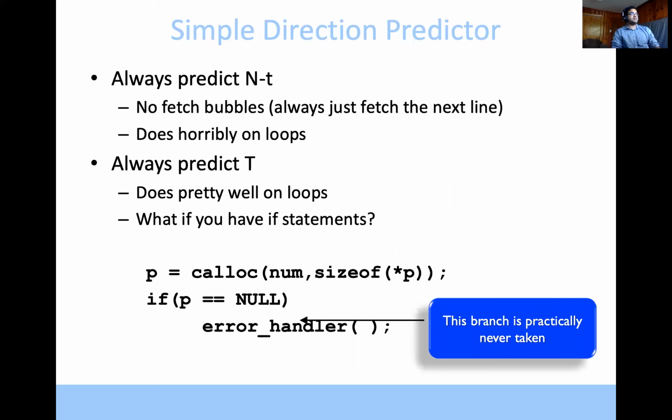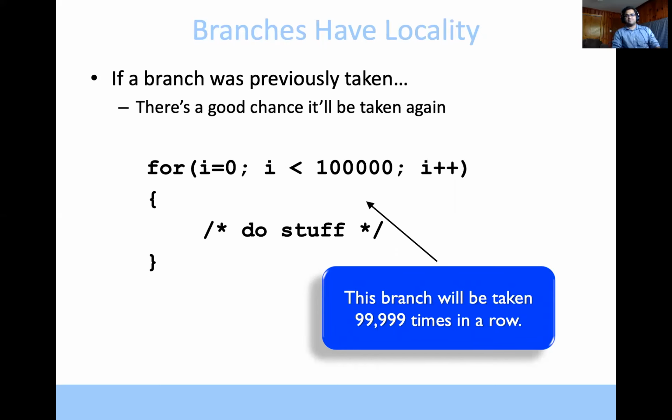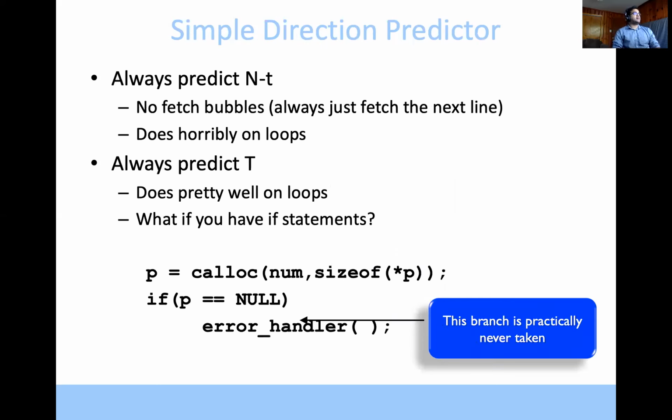So how do you build such a predictor? Well, you could take a radical approach and say, I'm not going to do any prediction. I'm always going to predict not taken, or always predict taken. This is the simplest kind of predictor that you can build.